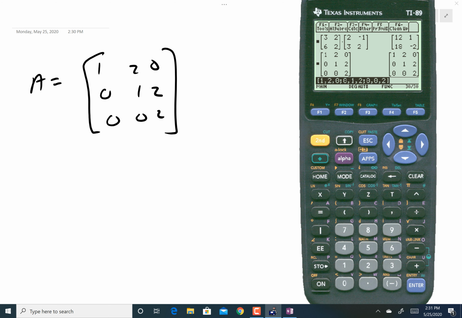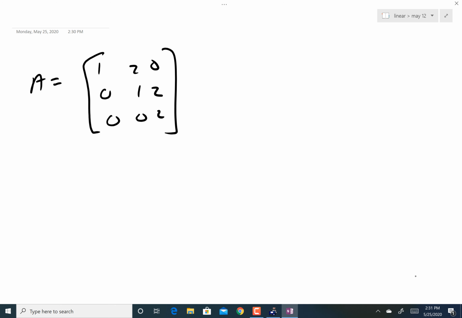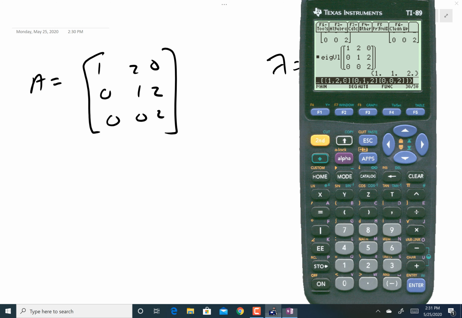Ah, yes, there's that. Boom, 1, 1, 2. Remember that's a multiplicity of 2 on that eigenvalue. Let's see what happens here. Boom. So there you have it.